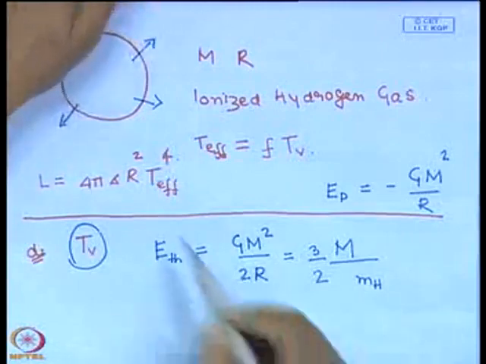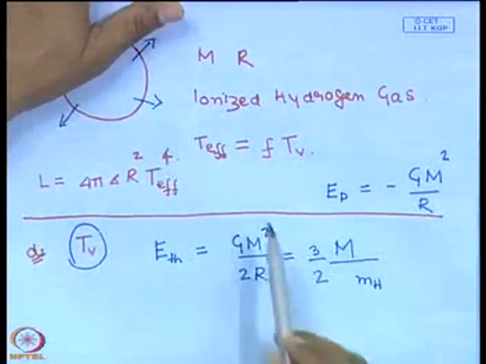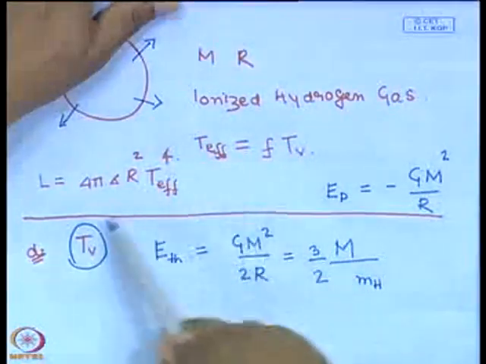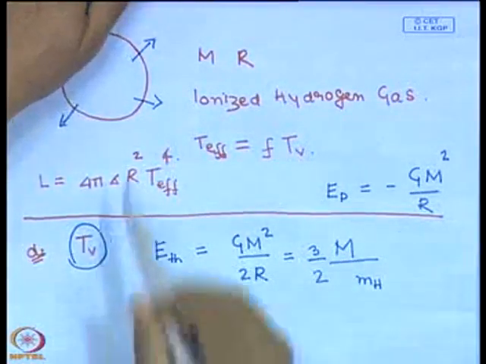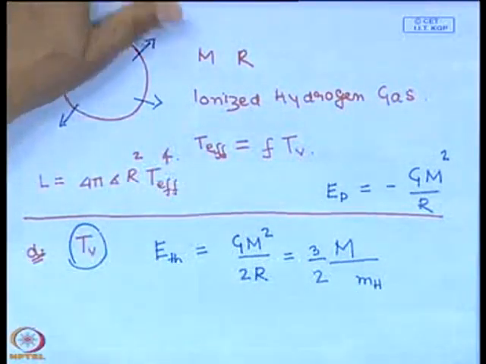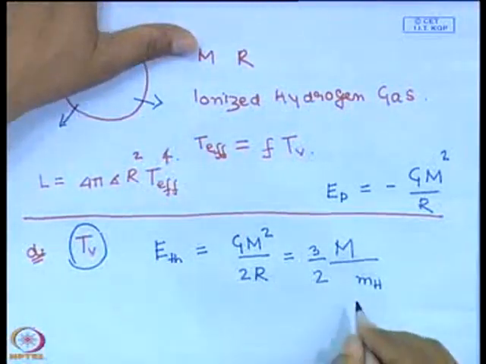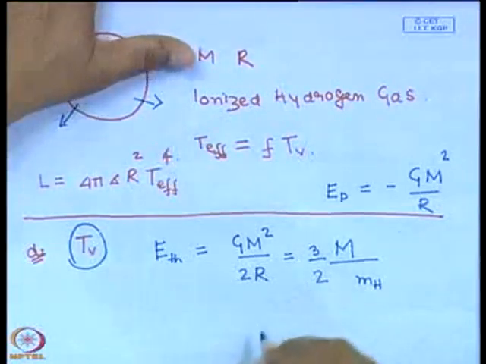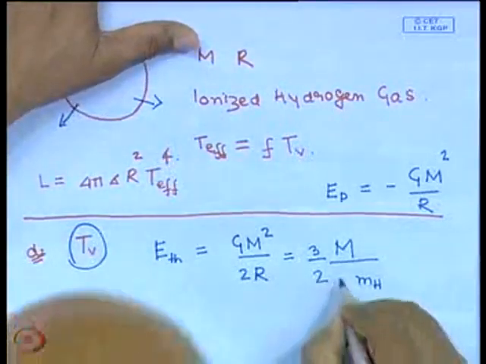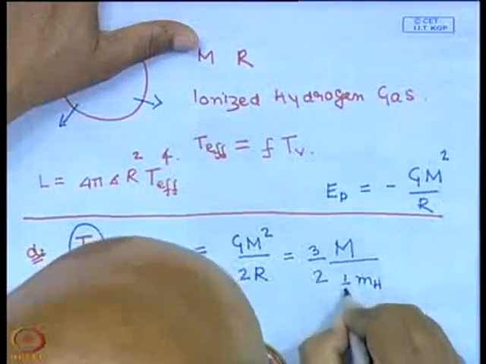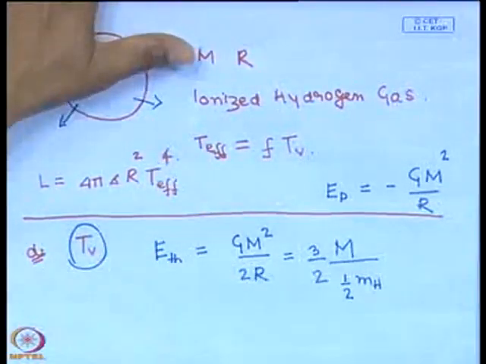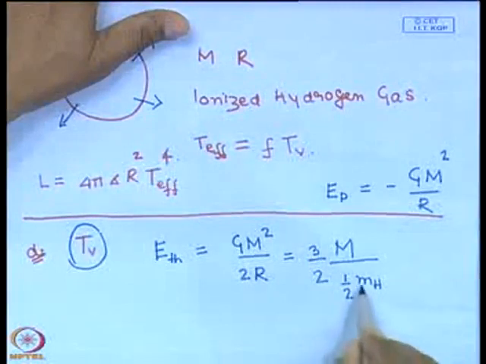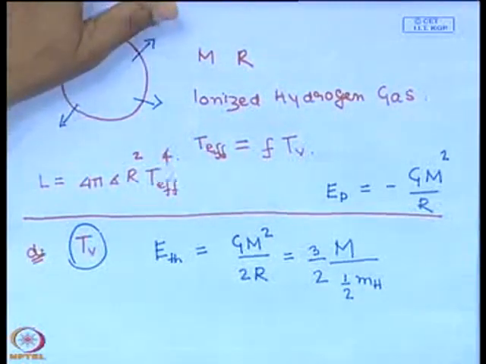Or another way of thinking of it is that every hydrogen atom essentially contributes 2 particles, not 1, because it is ionized. So, you may say that the mean atomic mass is half. Okay. So, there will be a factor of half here, that is the number of particles, it is the mass of this object divided by half the mass of the hydrogen atom.